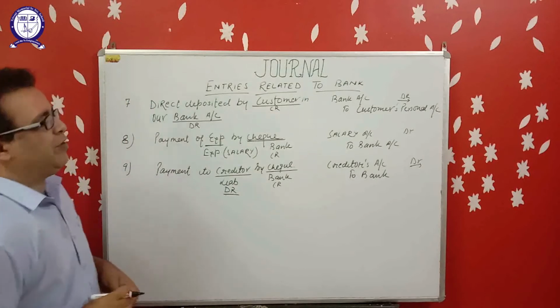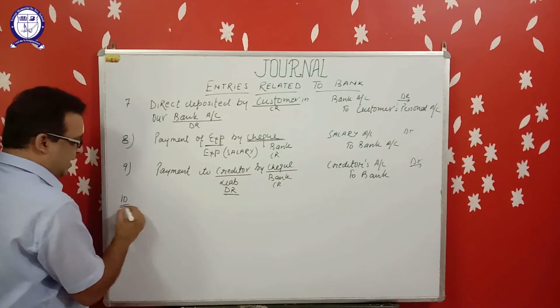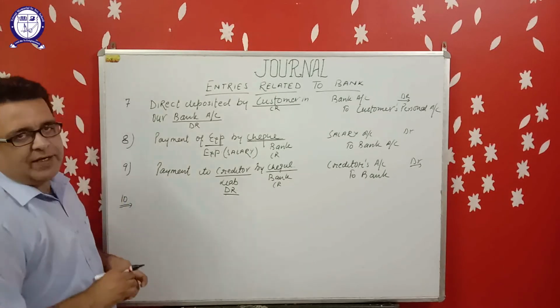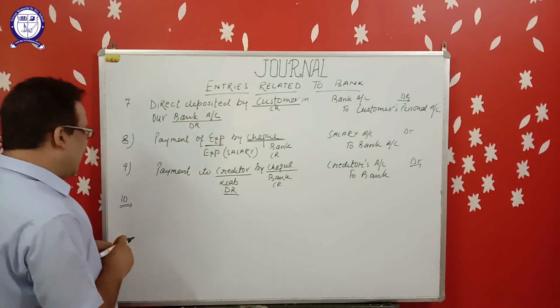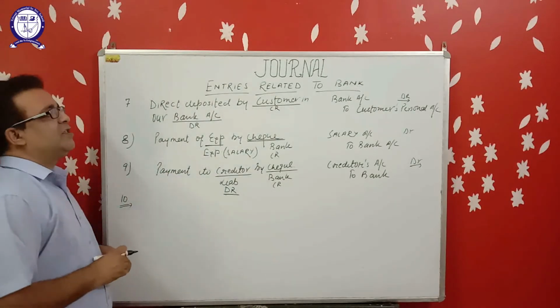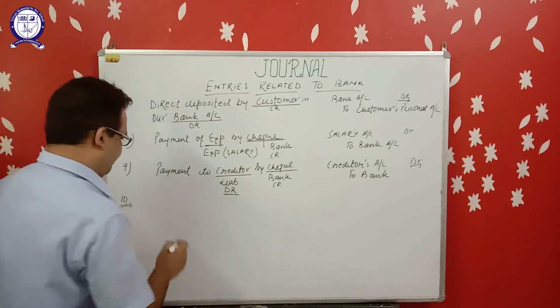Creditors account debit to bank account. Now, for receiving check, when we receive check from our debtor, then we have to see whether the check is deposited into the bank on the same day or not.